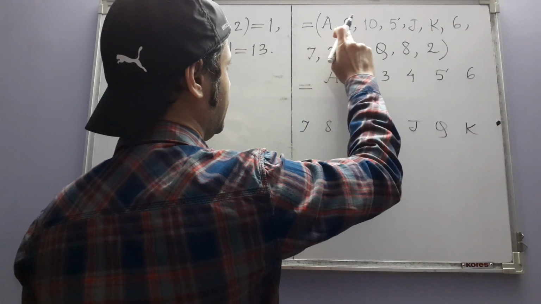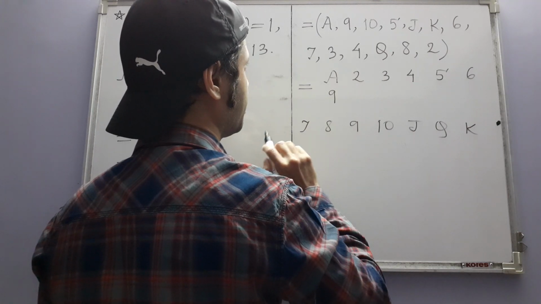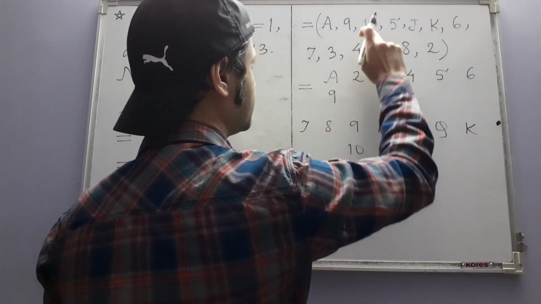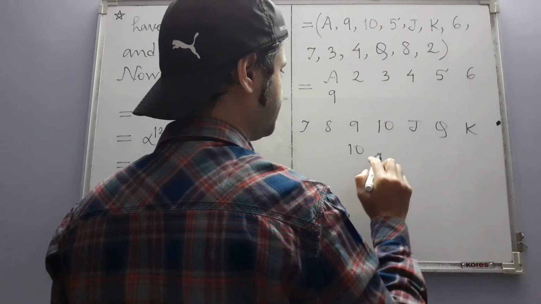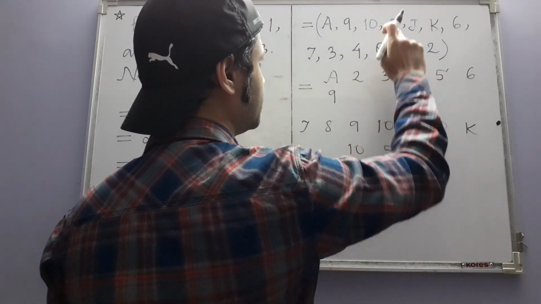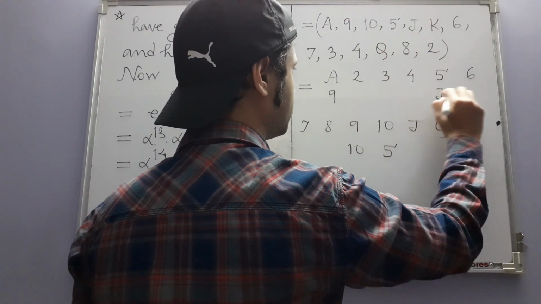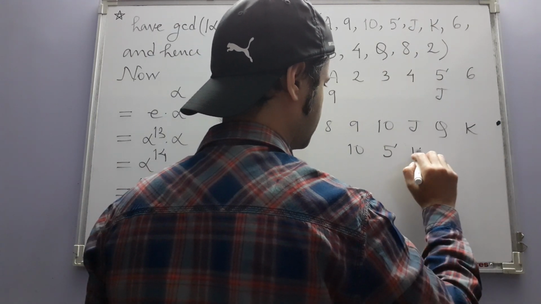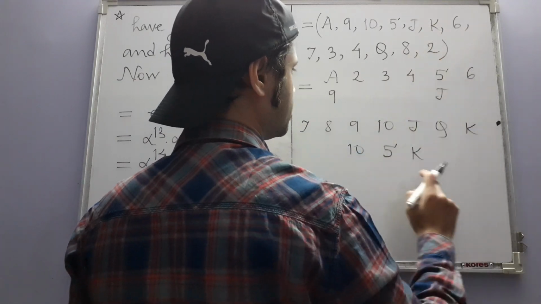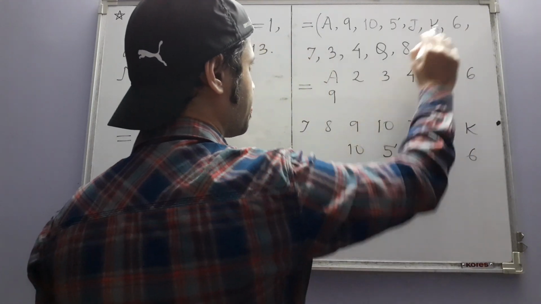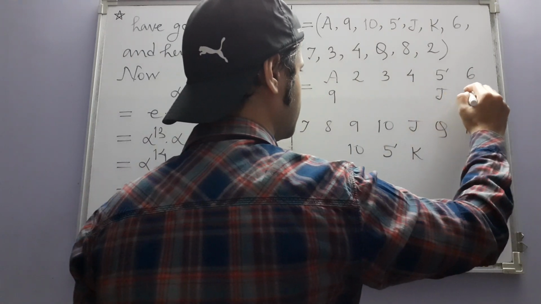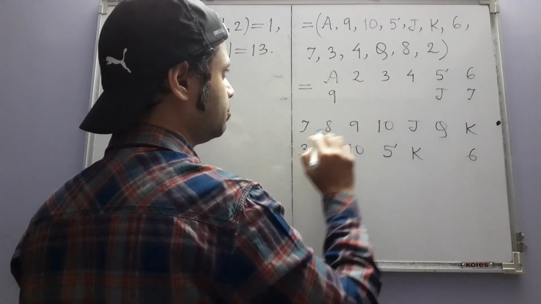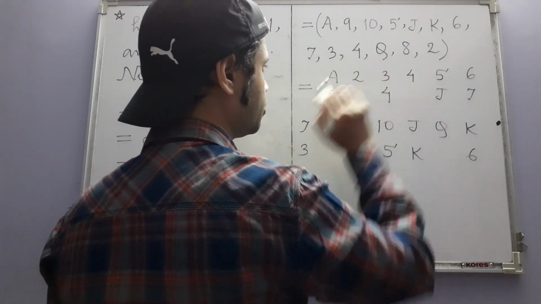Then A goes to 9. 9 goes to 10. 10 goes to 5. 5 to J. J to K. K to 6. 6 goes to 7. 7 to 3. 3 to 4. 4 to Queen.